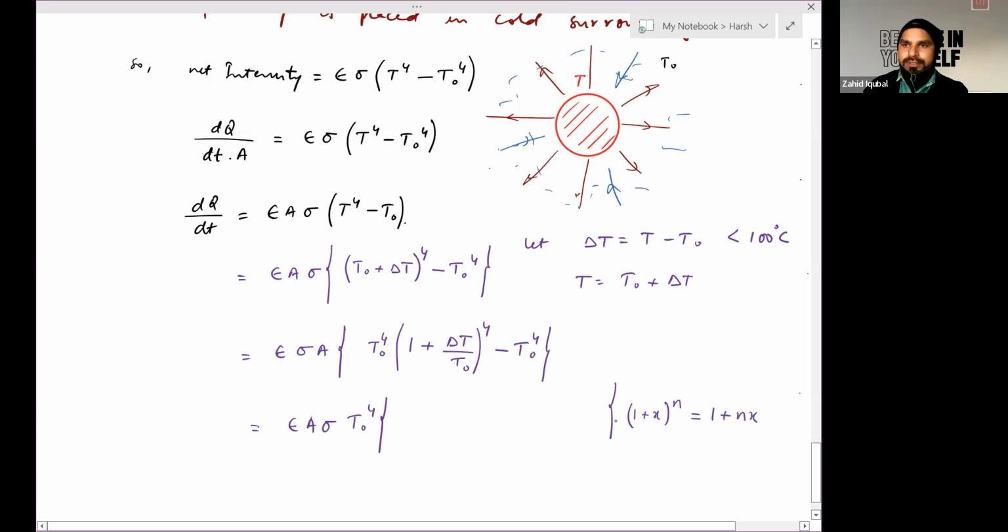Is it clear? Yes, sir. So this 4 will move to the coefficient, and it will become 4 times delta T by T naught minus 1.